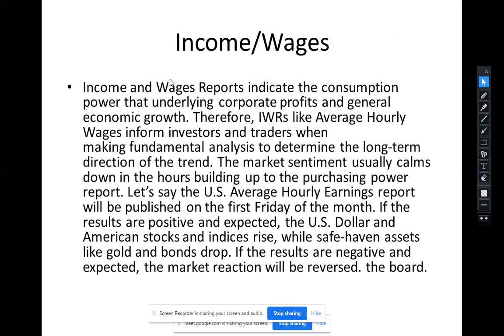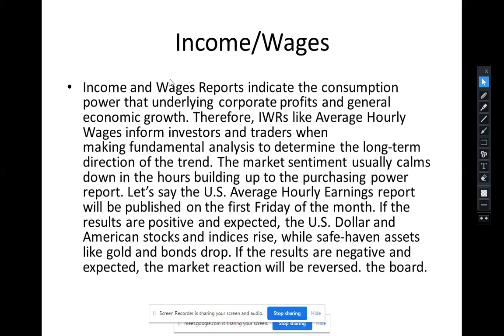Therefore, income and wages, like average hourly wages, inform investors and traders when making fundamental analysis to determine the long-term direction of the trend. The market sentiment usually calms down in the hours building up to the purchasing power reports.